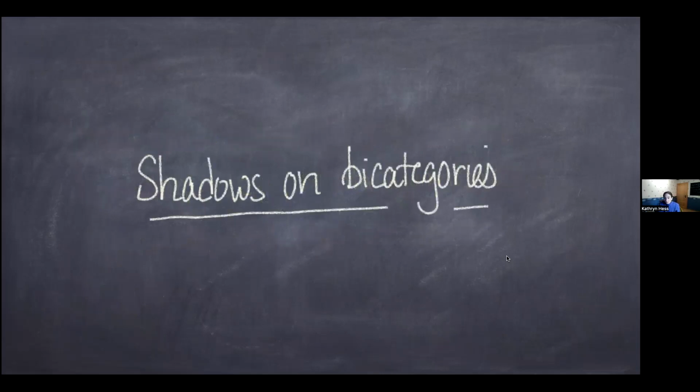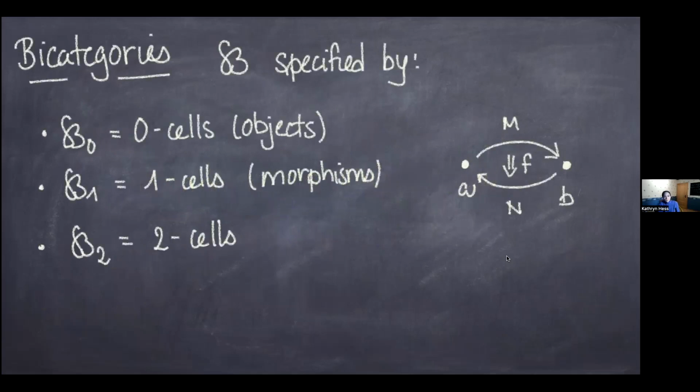So this is the notion of shadows on bicategories, of which Hochschild homology is the prime example. So I'm going to just set up some basic language here. I'm going to work in the context of bicategories. If I have a bicategory B, it's specified by its collection of zero cells or objects.